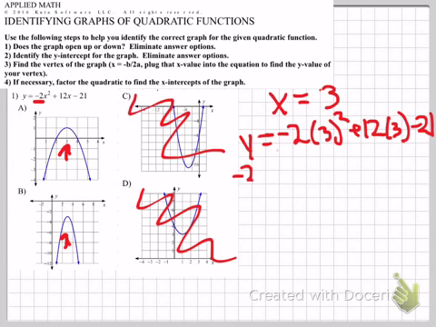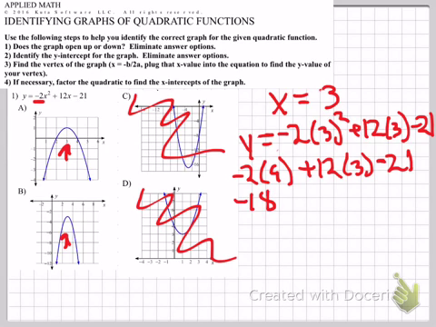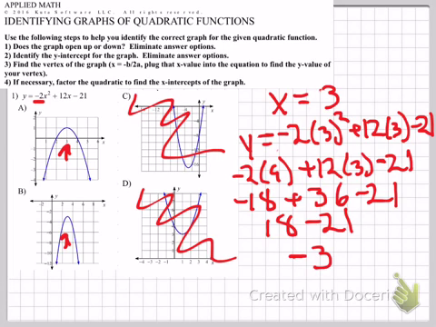So minus 2 times 9 plus 12 times 3 minus 21. Negative 18 plus 36 minus 21. Negative 18 plus 36 will leave me with 18 minus 21, leaving me with minus 3.